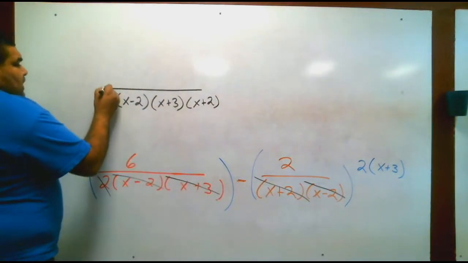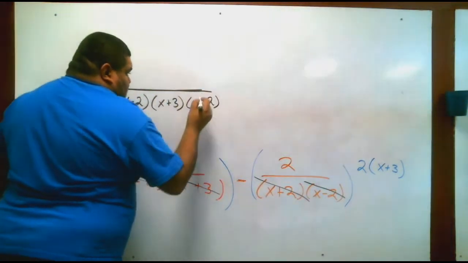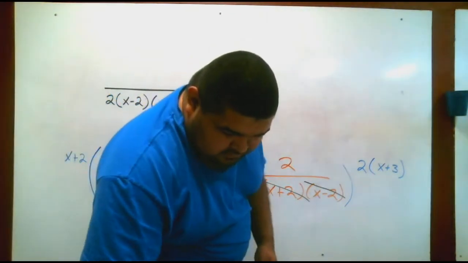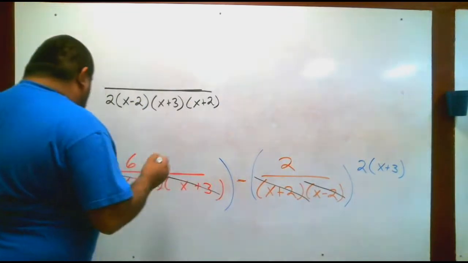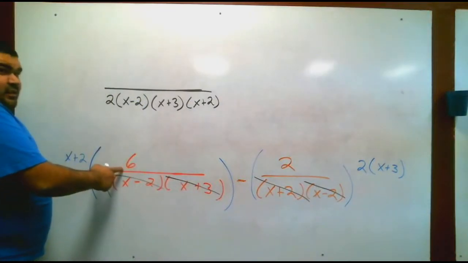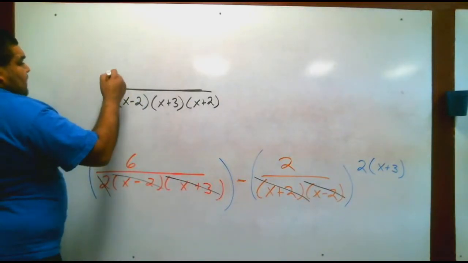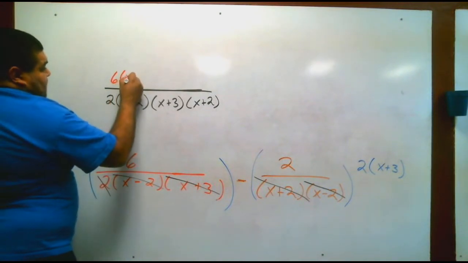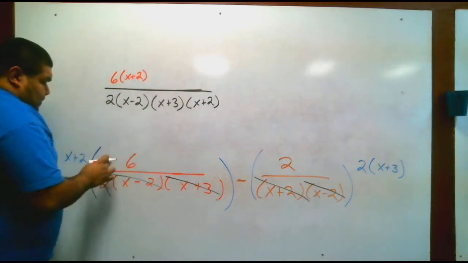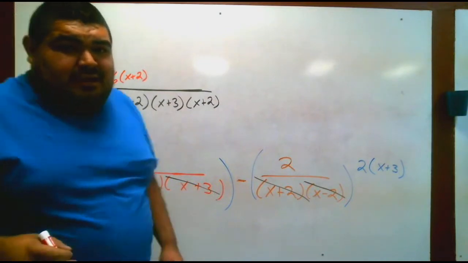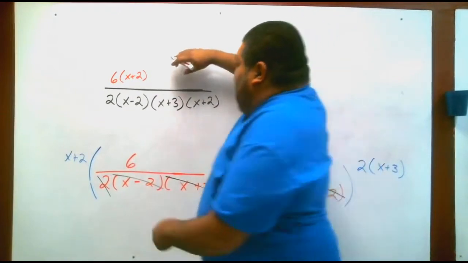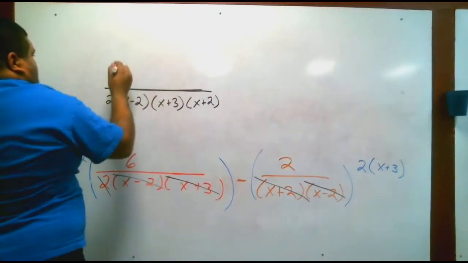Now, on the top, let's use red. We have 6, because that's in the original problem, 6 times (x plus 2) that we're multiplying by, from the outside. Let me write it a little bigger at the top.